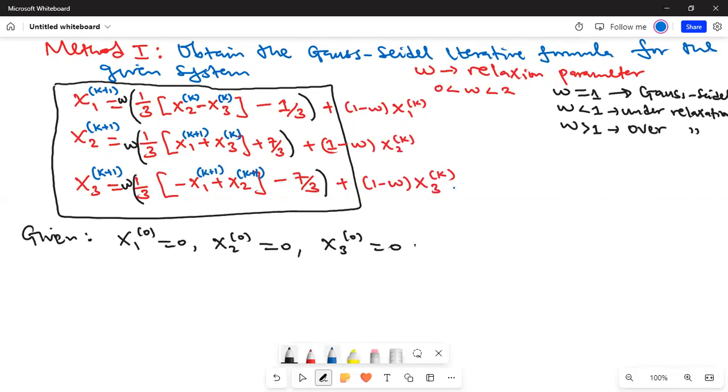So you can choose omega to be equal to 1.25 as long as it is greater than 1 and less than 2, because we are talking about over relaxation. So we need to perform 3 iterations. Let's see the first one. First iteration.